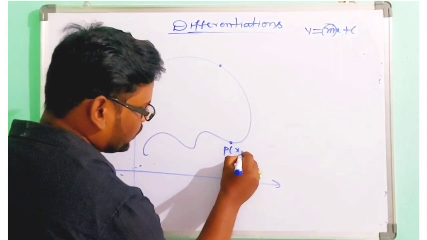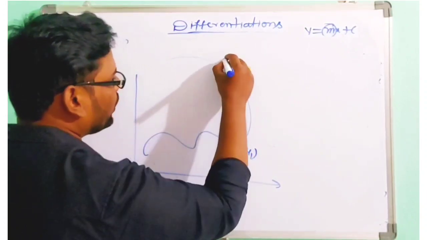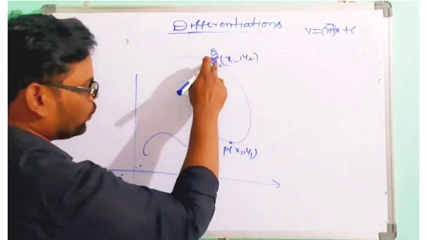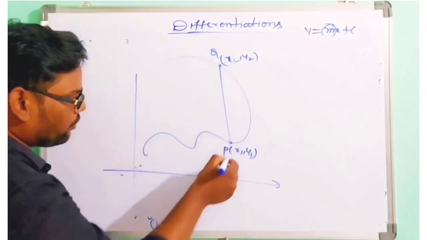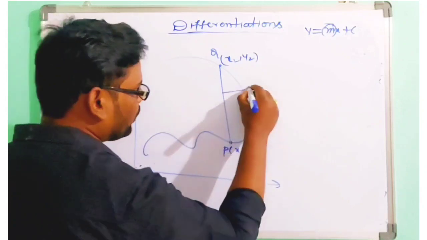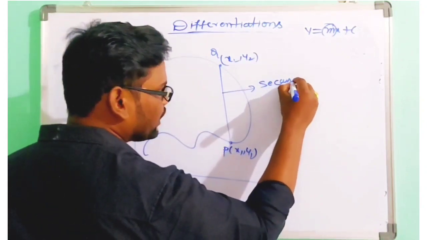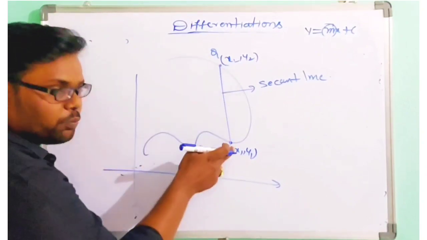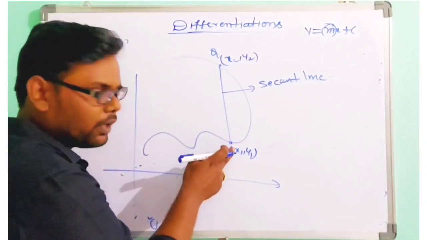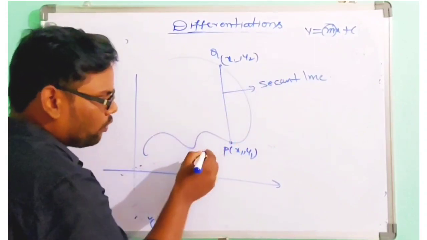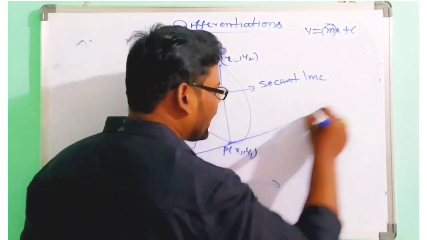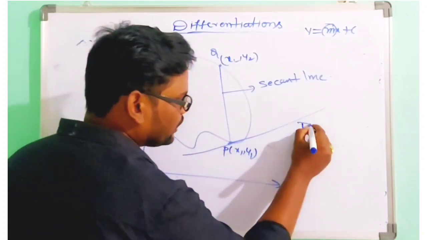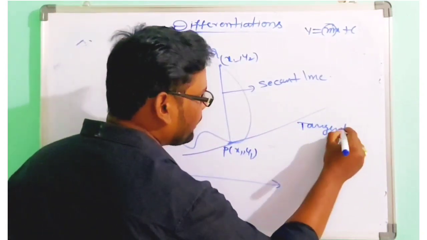The coordinates are x1 comma y1 here, and x2 comma y2 here. The line joining these two is what we call a secant line, isn't it? When Q approaches P, this secant line converts to a tangent line. This is the tangent line, right?